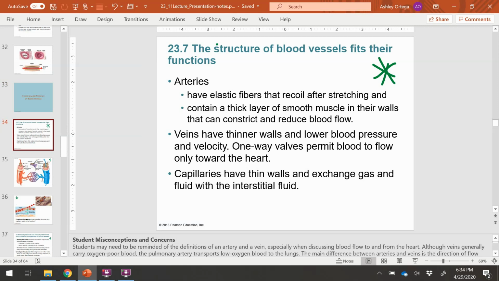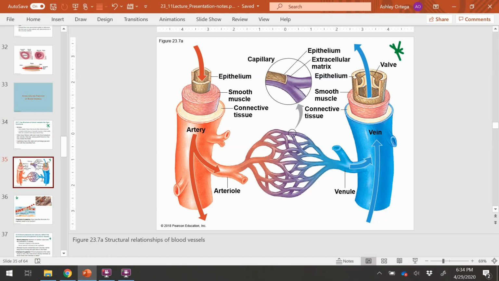The third one here, capillaries, are the smallest blood vessels out there. They have very thin walls made up of that simple squamous tissue. They function in gas exchange of carbon dioxide and oxygen between the red blood cells and the body cells. You can see the structures here of arteries and veins.